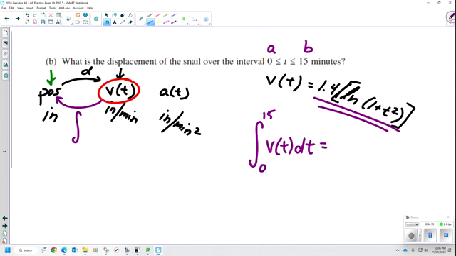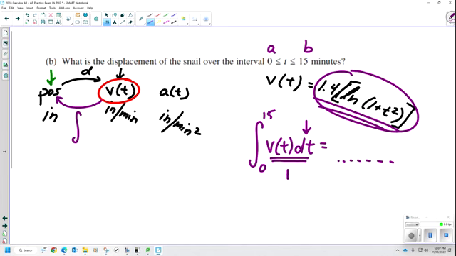And that should give me the displacement of the snail. In my calculator, I've got to put this in for my integral. But on my paper, as long as you have your dummy variable, that still shows the people grading it how you're going to get your answer.